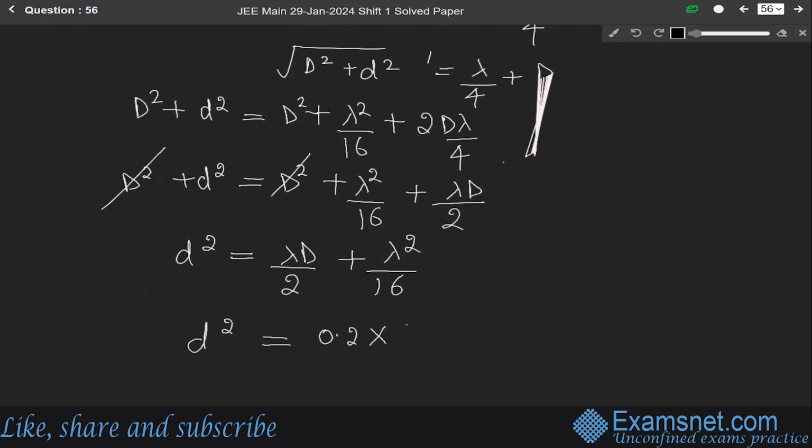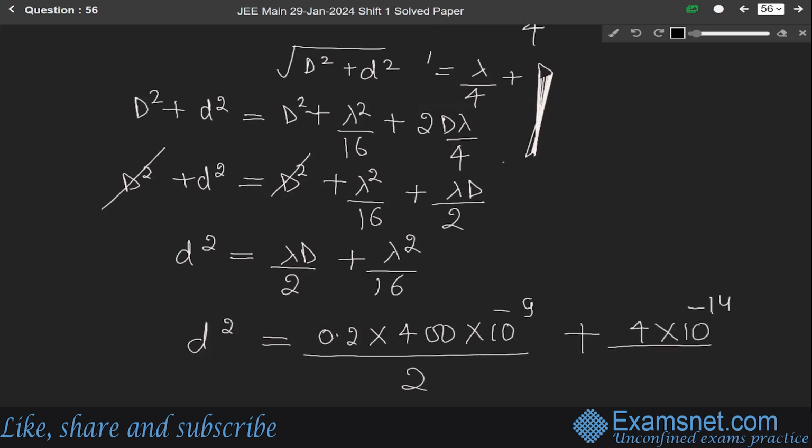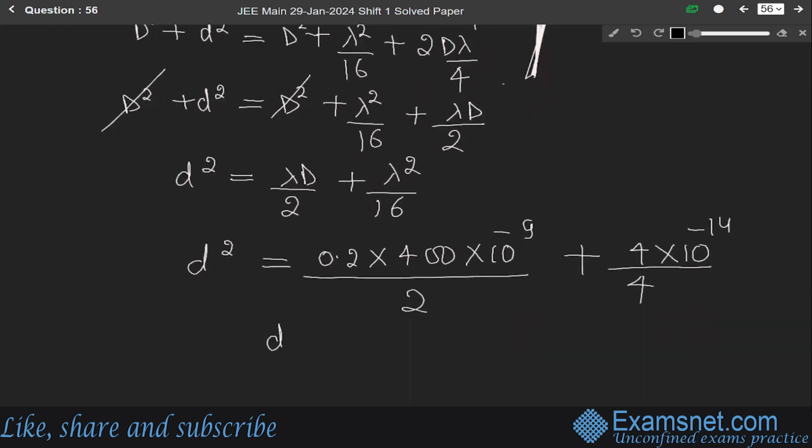Therefore, d square will be equal to, putting the values, 0.2 into 400 into 10 to the power minus 9 over 2 plus lambda square, which is 4 into 10 to the power minus 14 divided by 4. So we get d square equal to 400 into 10 to the power minus 10.